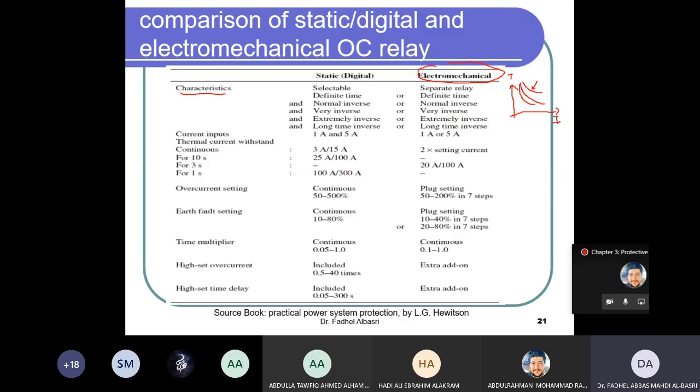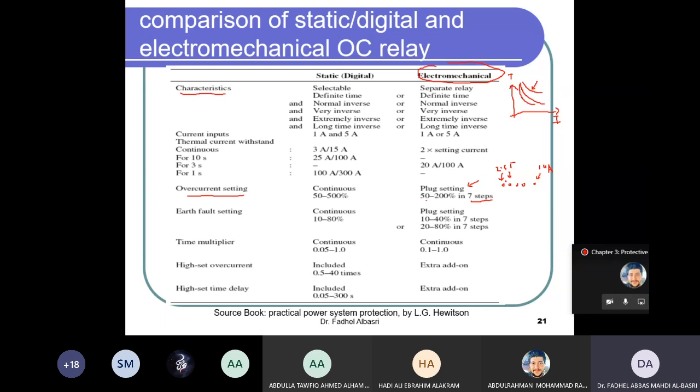Similarly, for the overcurrent settings in electromechanical relays, we have plug settings. We have just a limited 7 steps, 7 values to choose from. 50% of 5 ampere is 2.5 ampere, then I can choose 5 ampere, then 7.5, and so on in 7 steps up to 200%, which is the last tap, 10 ampere.